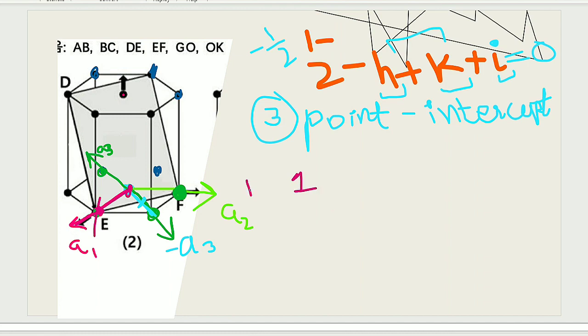So we got the a1 intercept to be 1, because it's in the positive a1 direction. That is why it is 1.